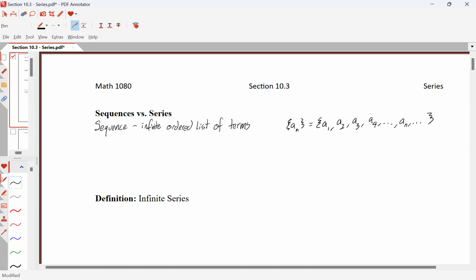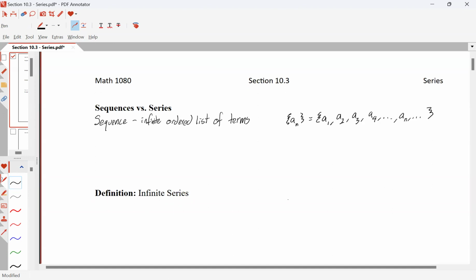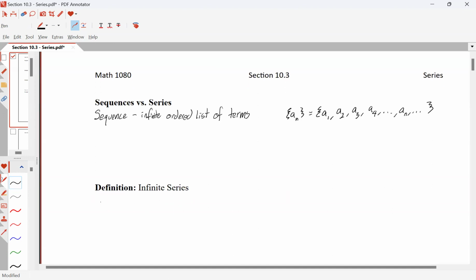And then the definition of a series is that a series is the sum of an infinite list of terms.